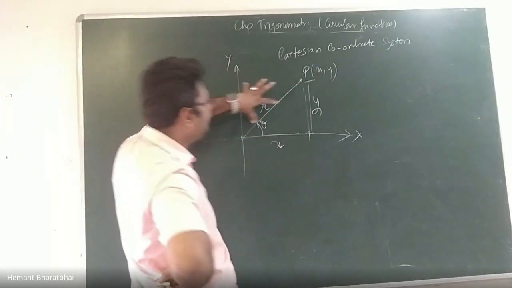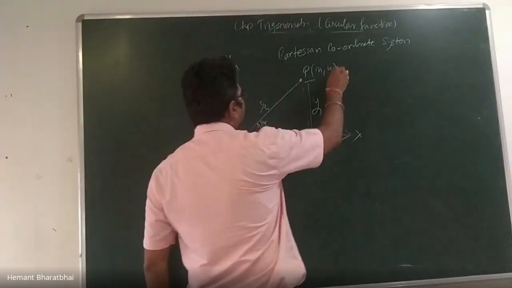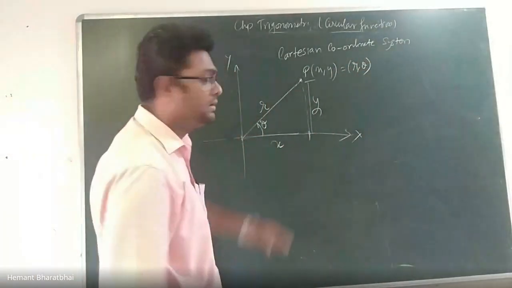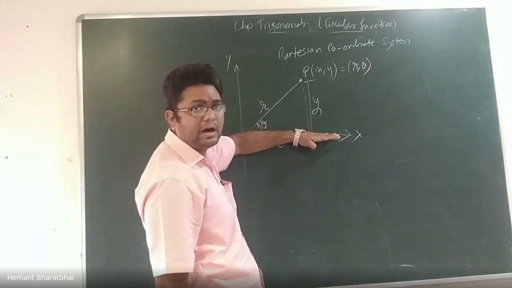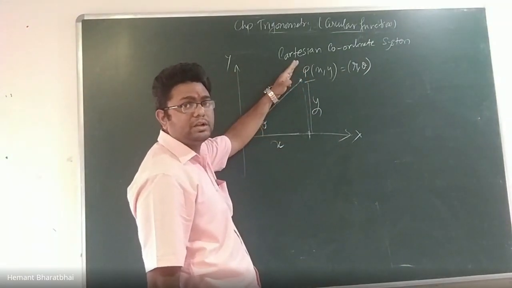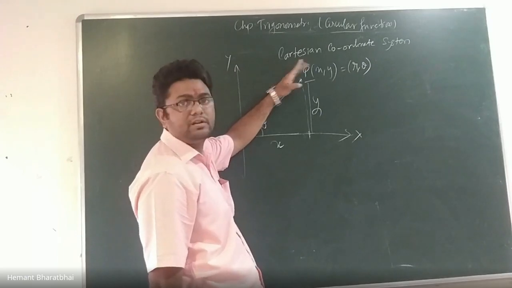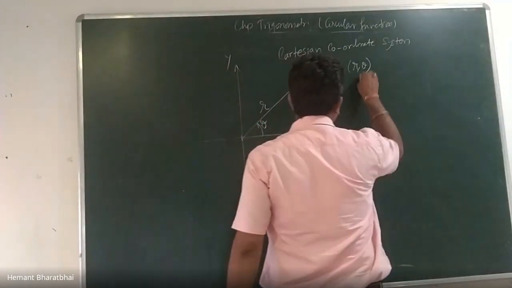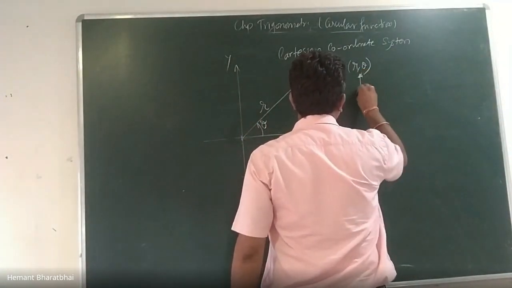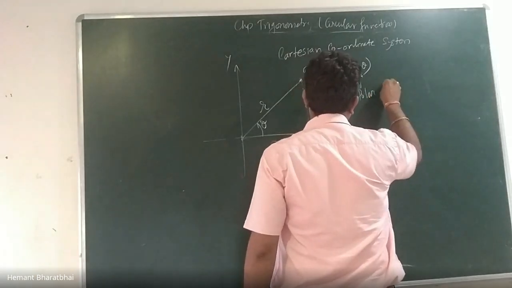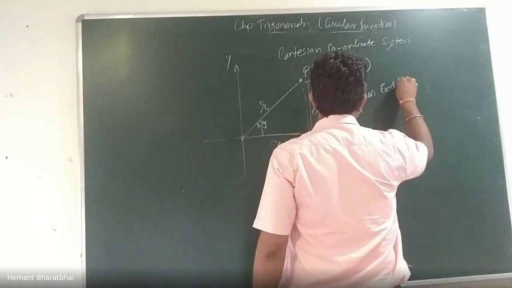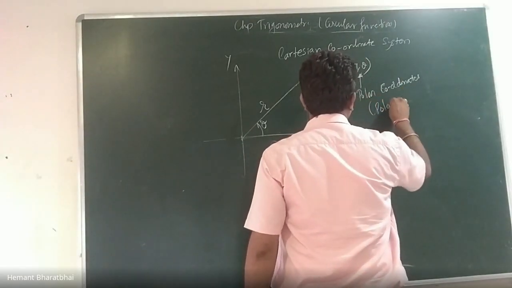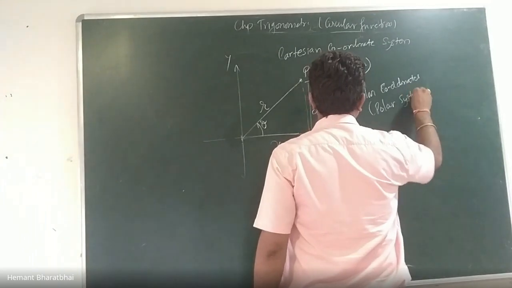So the same thing can also be given in terms of r comma theta. This much should be my distance r and this much angle should be the rotation. Again, I can reach the same point. If I'm writing in terms of r and theta, it is called polar coordinates, and the system can now be called the polar system.